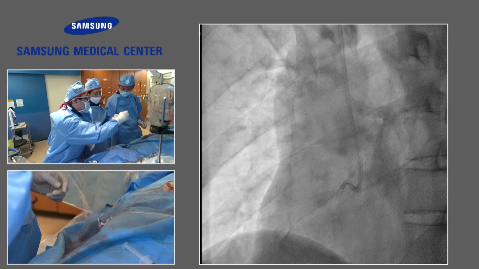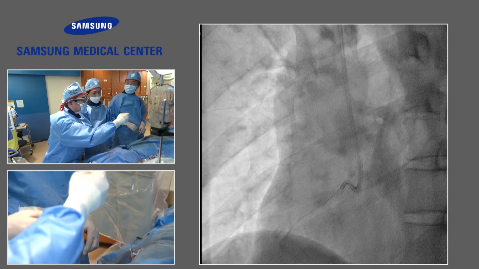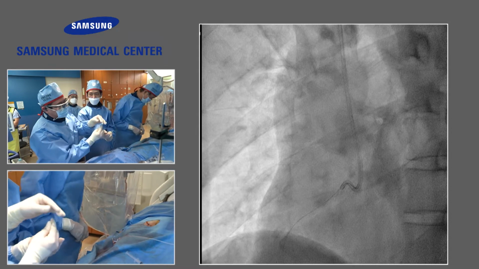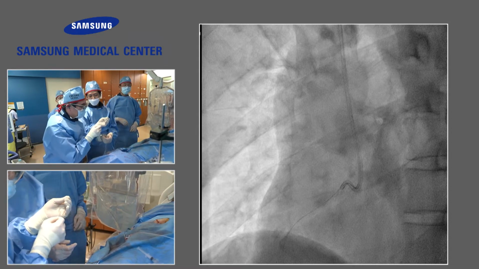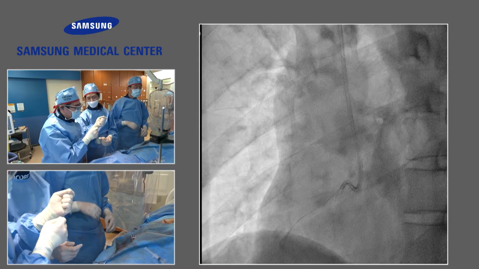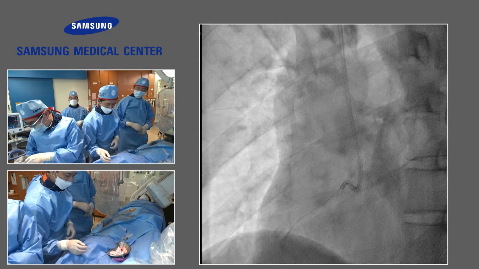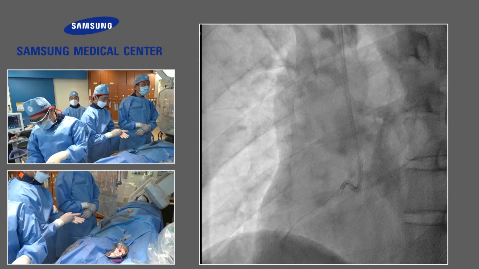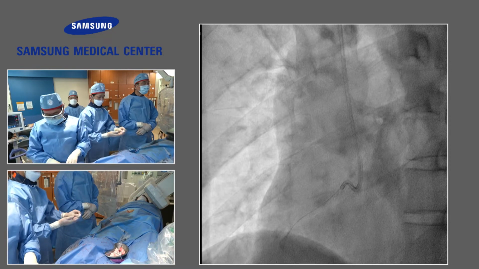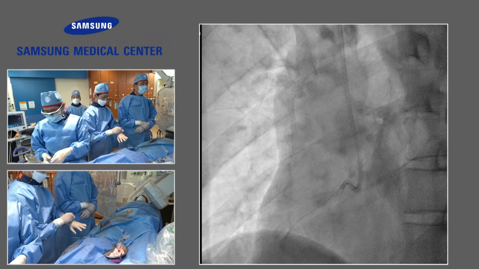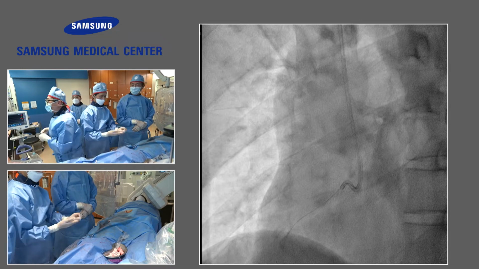No balloon there. Is the trap balloon produced by Abbott Vascular? No, Genus. Abbott named it Miniature Trap already, as a brand name.